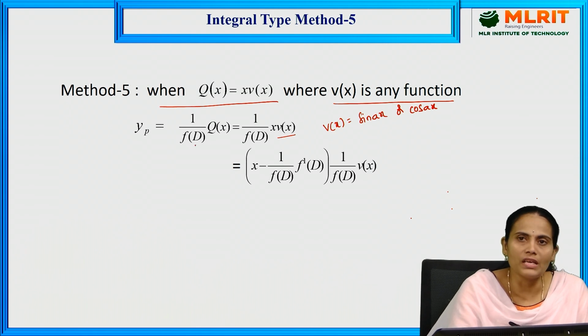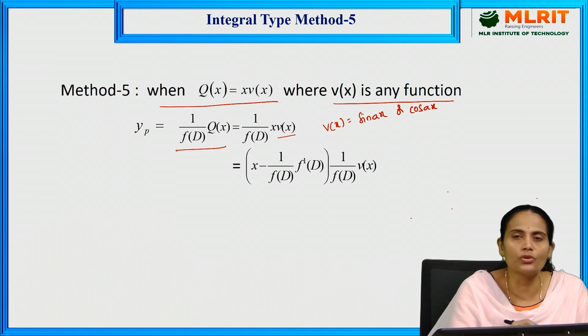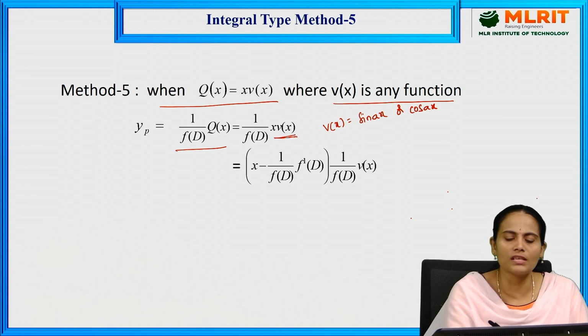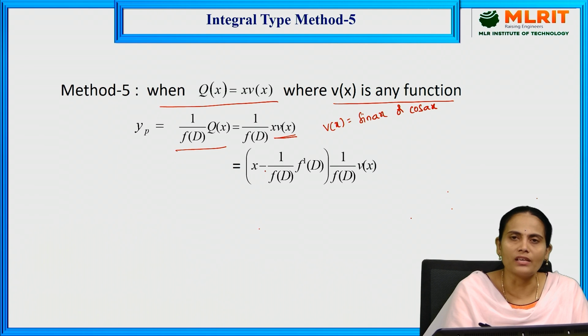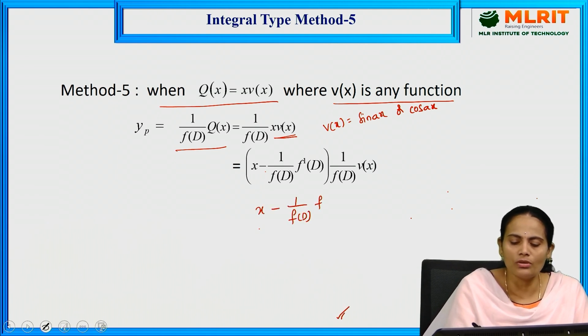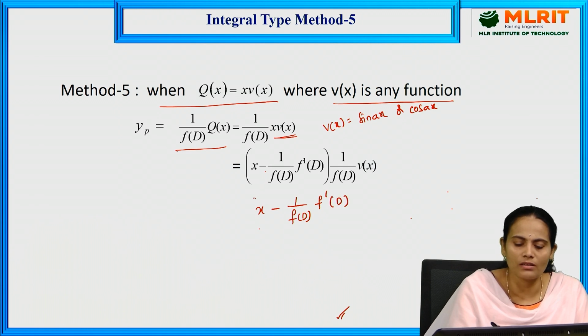The yp is 1 by f of d into q of x, where q of x is x into v of x. To find the yp, the formula is x minus 1 by f of d into f dash of d, into 1 by f of d into v of x.